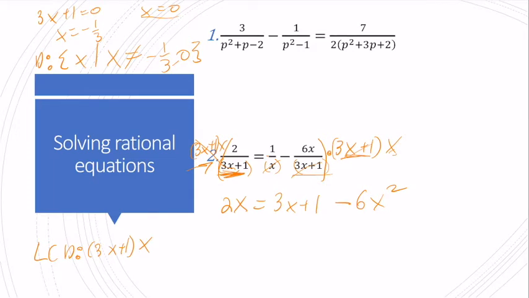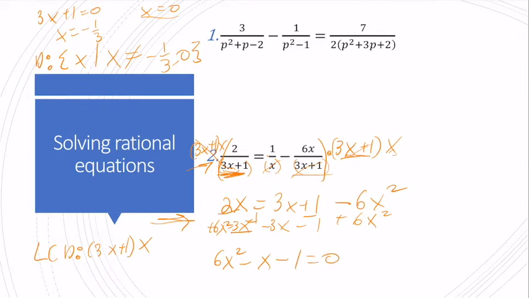I'm going to move everything to the left-hand side of my equation because I want positive coefficients on my quadratic. And this will allow me to solve my equation more easily. So that's going to give me 6x squared. 2x minus 3x is negative x. Positive 1, you subtract 1, you get negative 1 equals 0.